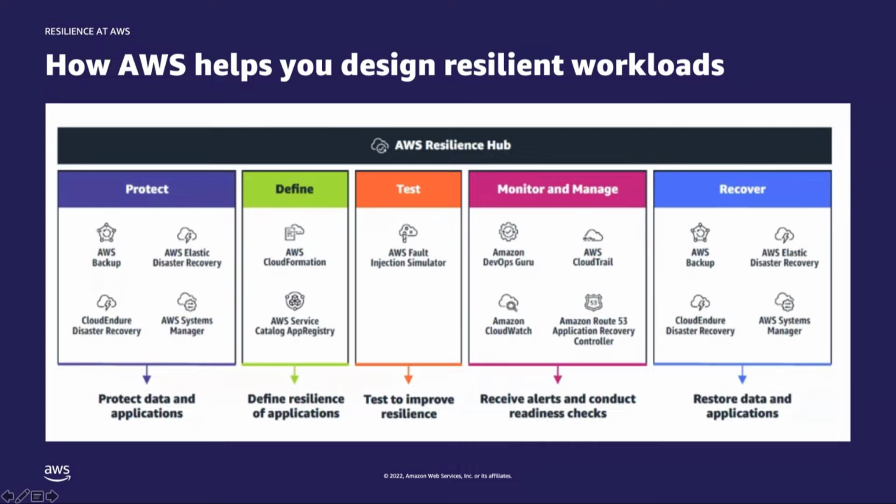Another point of clarification on this slide, you'll see sometimes that things are listed twice. Like for example, Elastic Disaster Recovery is both a protect and a recover service. It's because we're serving 2 different pieces in here, and AWS Resilience Hub understands what you should be doing using Elastic Disaster Recovery to help protect, and then when to use it in a recovery mode to help you get through these pieces that are here.